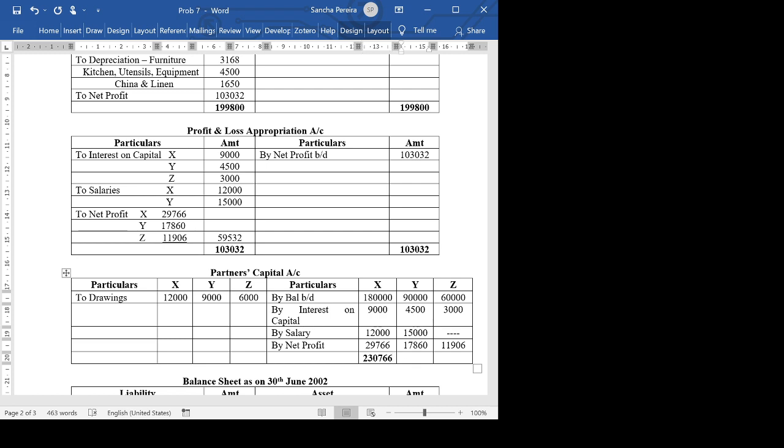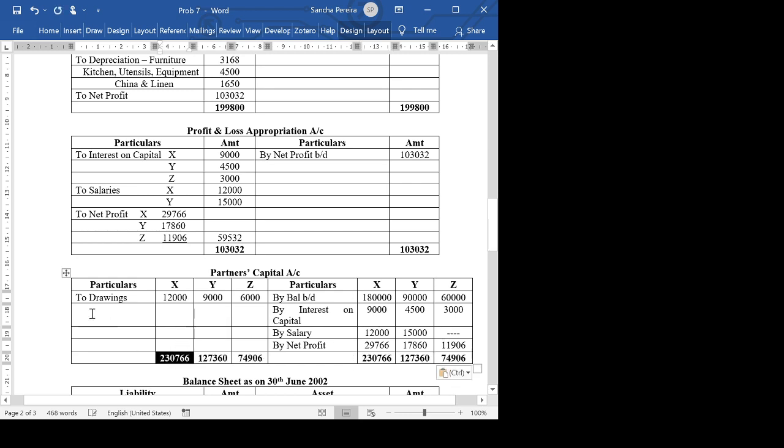This side we have 127,360, and then we have 74,906, which will give us the new capital.